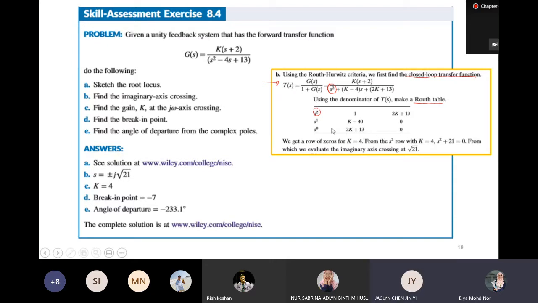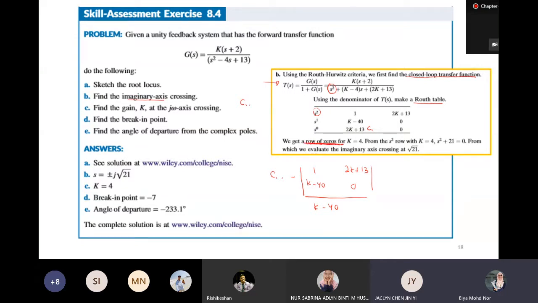To get s to the power of 0, we use the determinant, minus 1 over k minus 40, of k minus 40, 2k plus 13, 0. Then you are able to get the C1. The key for an imaginary axis crossing is we need to get a row of zeros.